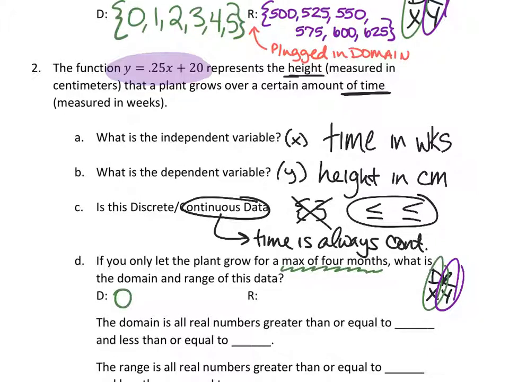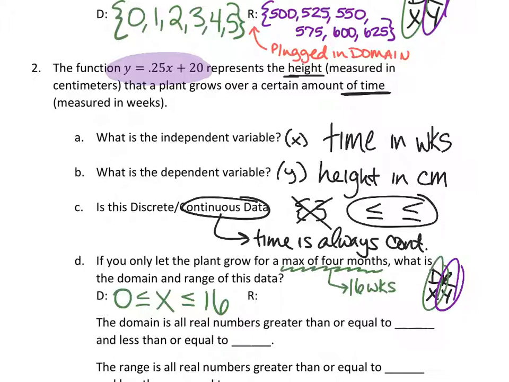This is domain, so there's an X there. And what did they say is the maximum I could let it grow? 4 what? Oh, but we're measuring in weeks. So how many weeks are in 4 months? There's about 4 weeks in every month, so that means there's about 16 weeks in 4 months. So we know that my end time is 16.